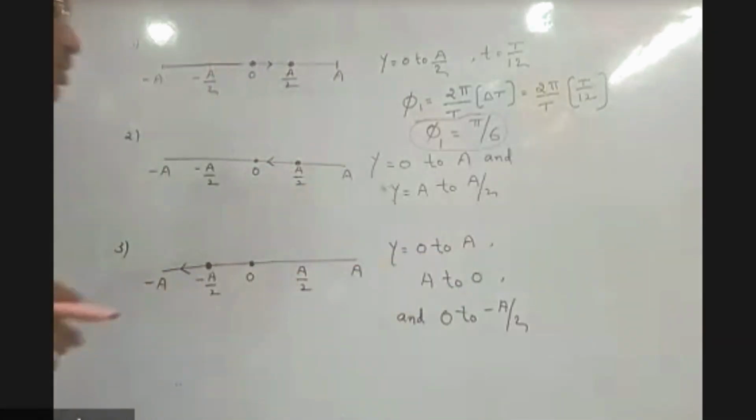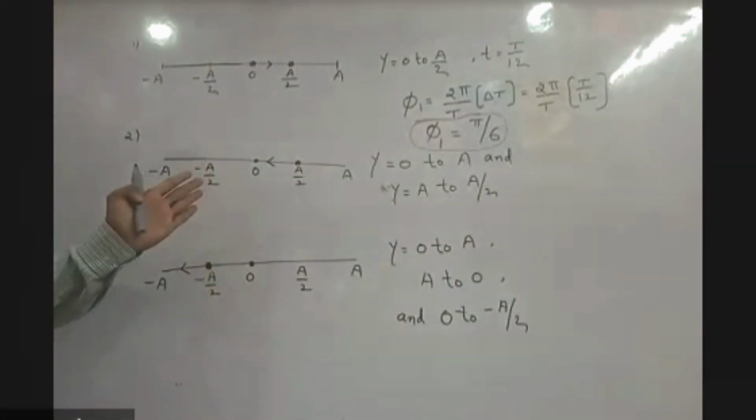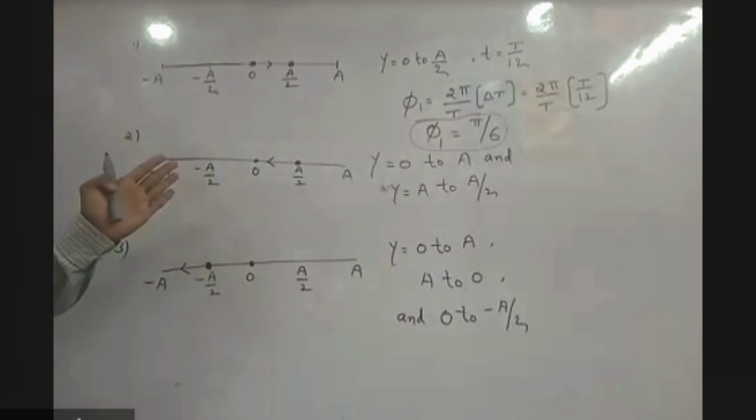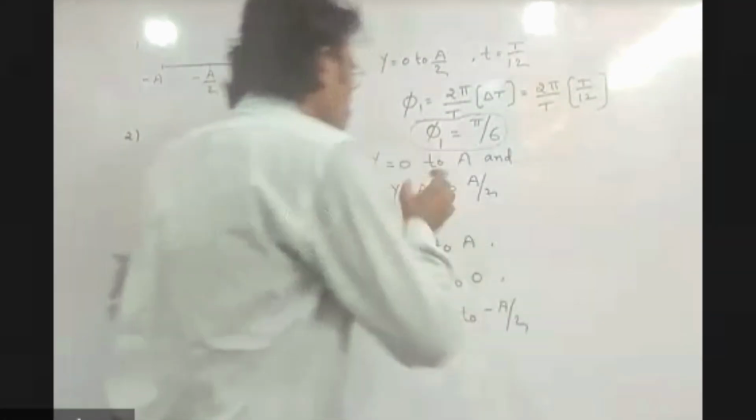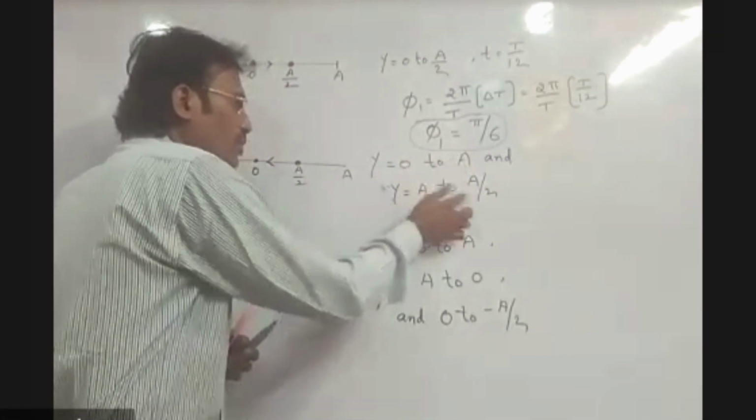Now come to the second. Where does it travel? From 0 to A. There are two time intervals here. It traveled from 0 to A and again traveled from A to A by 2.